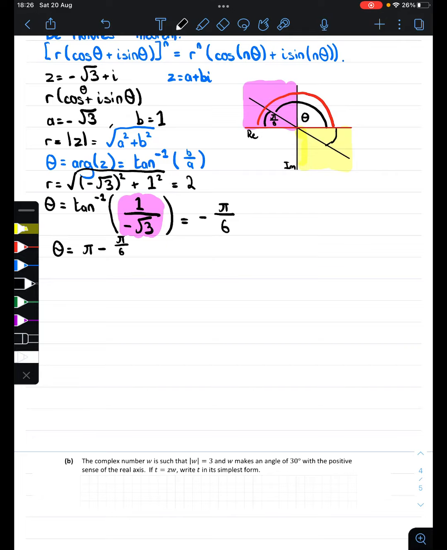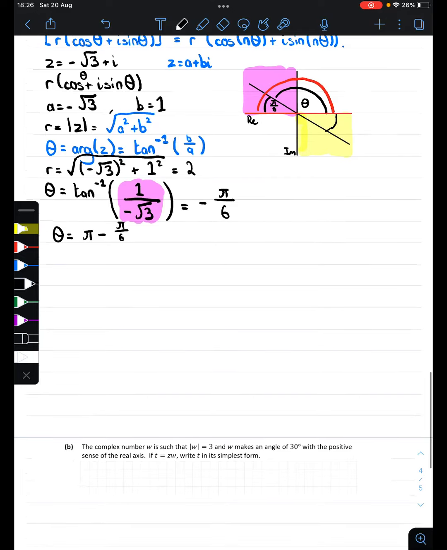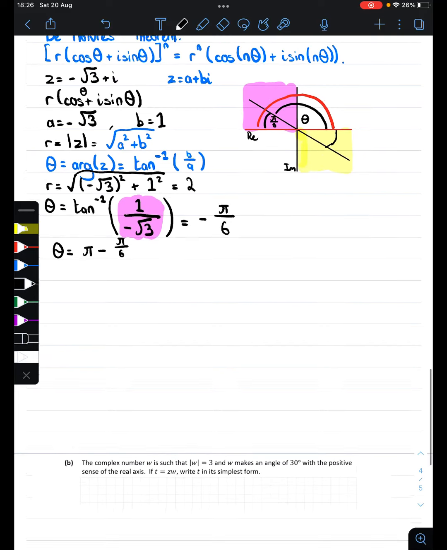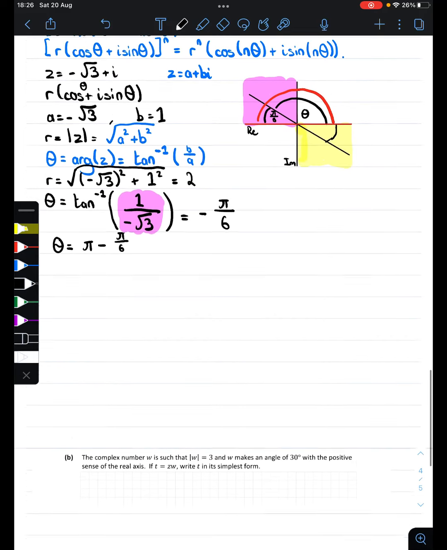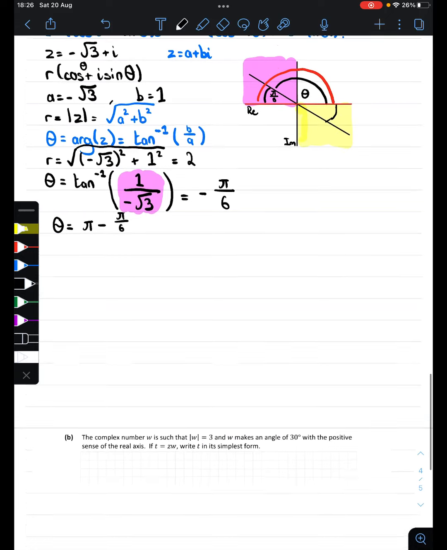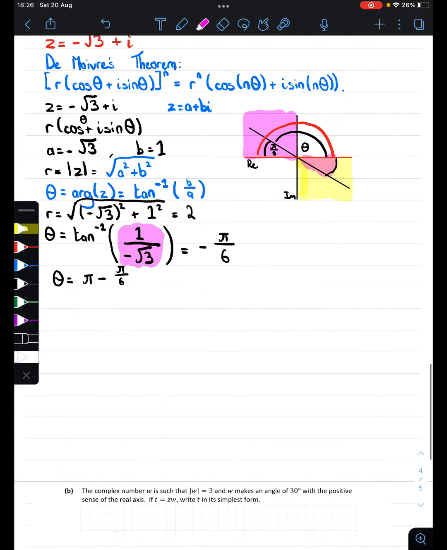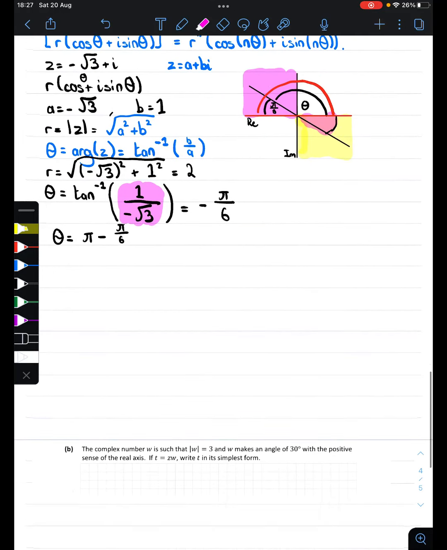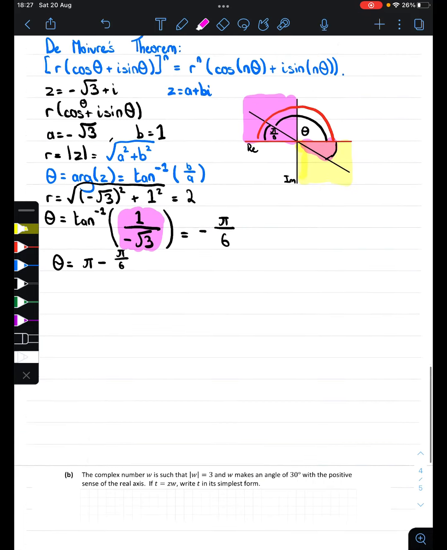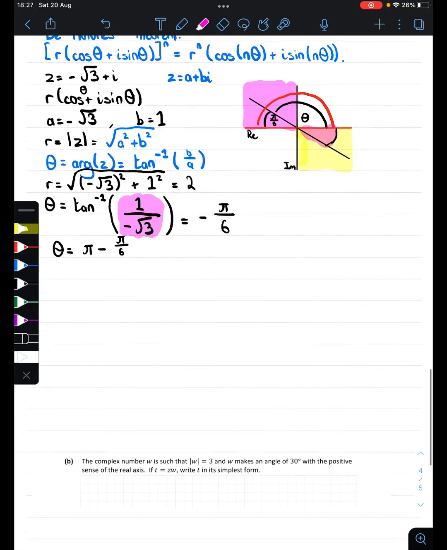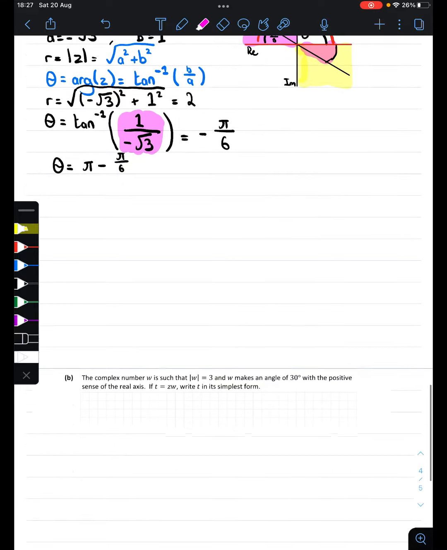And this is probably the trick of the question, to notice that the angle is not minus pi over 6. It's not this angle here. And it's important to understand this complex plane and where this complex number would lie in the complex plane.